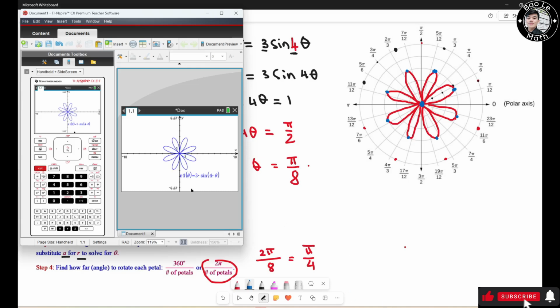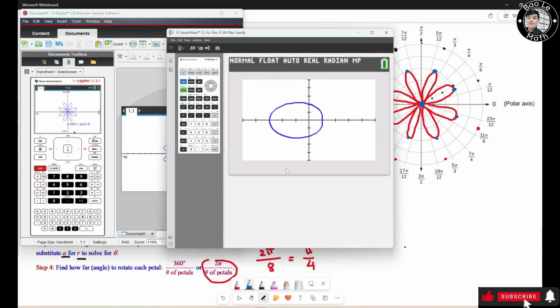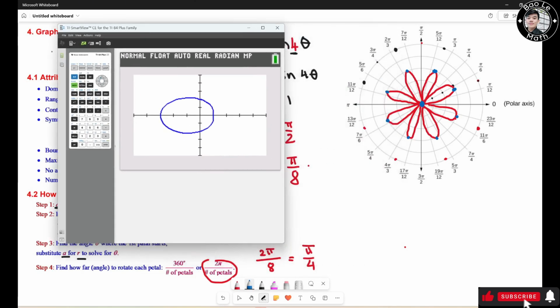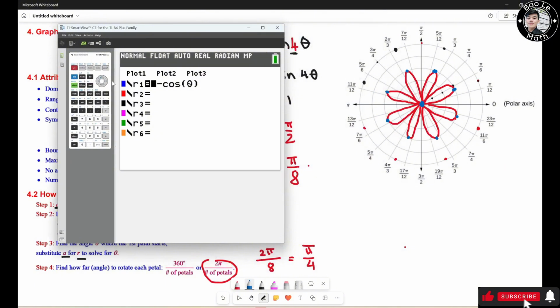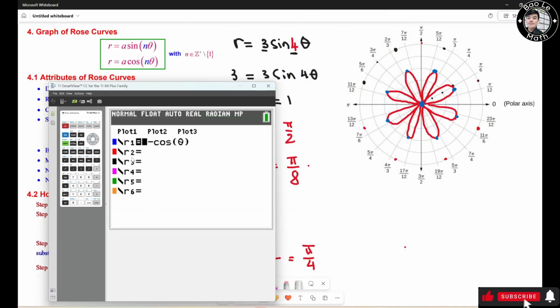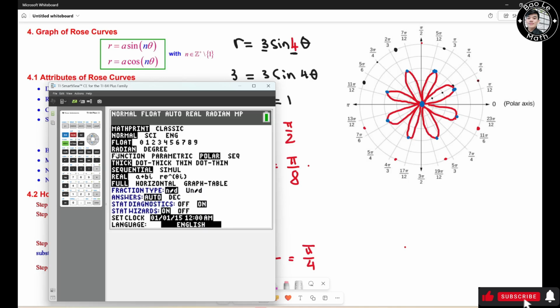Very easy. Now you can use the TI-84 plus CE calculator to graph this one. So you hit y equals right here. Now if your calculator is not in this polar form, you need to hit mode right here and convert this one to radian. And at function right here, you need to convert it to polar. Now I already have this polar form.